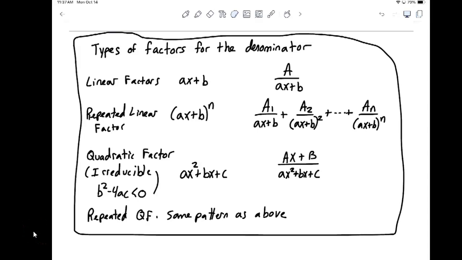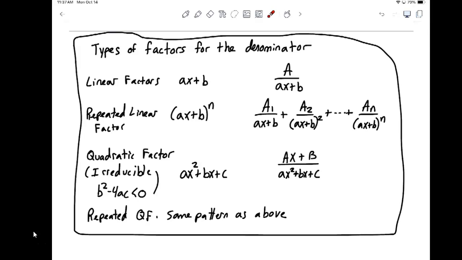Okay, so when we do our decomposition, which we're going to get to soon, there's a little bit of terminology and tools that we need to lay out first before we get into actually using the process.